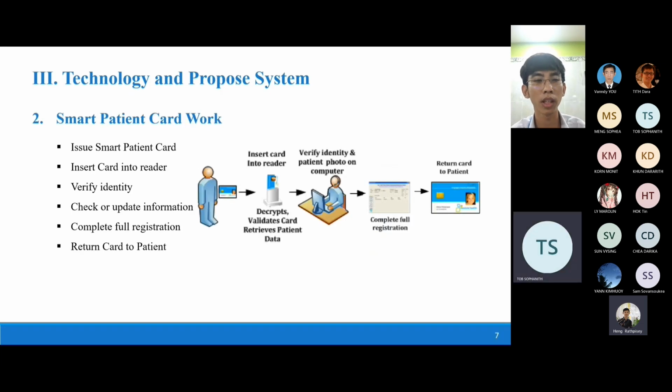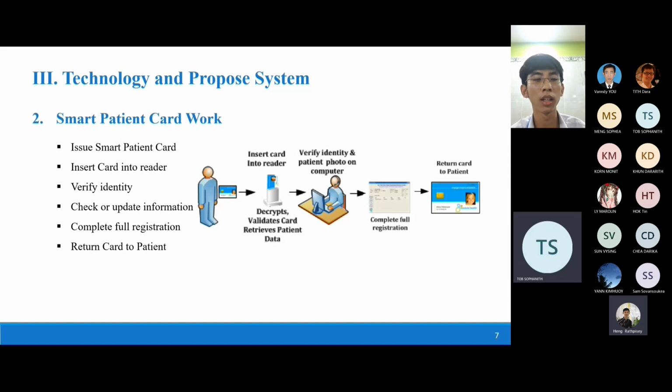Second, how the smart patient card works. First, the patient goes to the hospital to be issued a card. The smart patient card has patient information stored, such as name, insurance detail, primary care physician, etc., and also gives a personal PIN code. Inside the medical system, the smart card is inserted into a card reader that reads the information on the card.